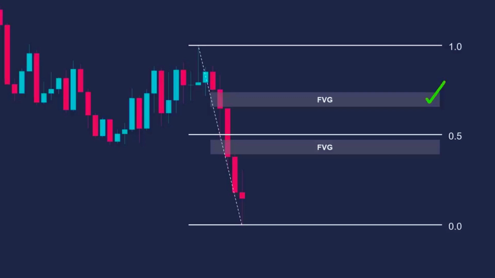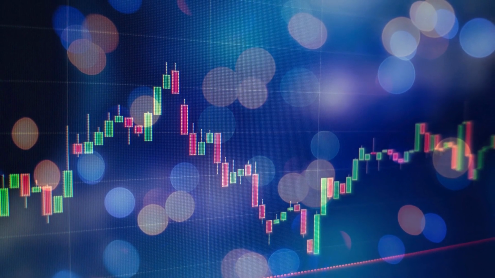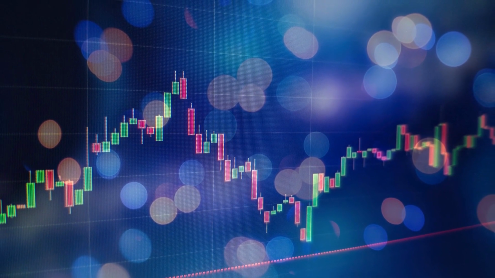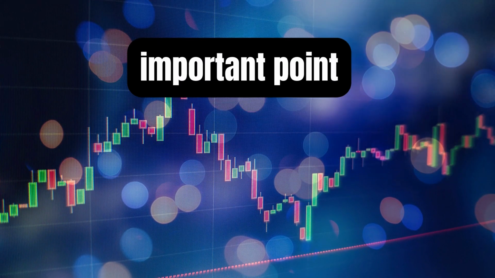It works best when the market makes deep retracements. However, during aggressive trends, selling on the discount side of the range can also be profitable. The key point here is that you won't win every trade. Even with a 30% win rate, you can be profitable as long as you have a solid risk management plan.